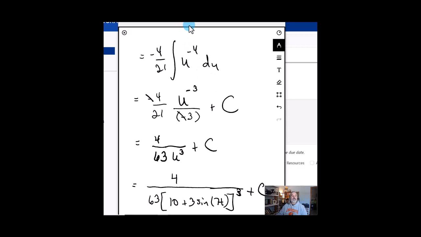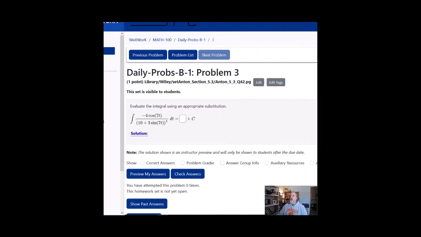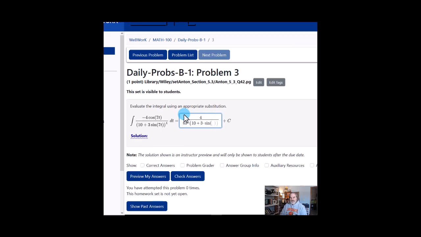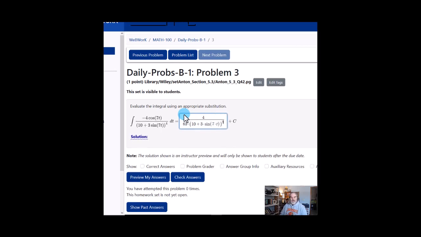Again, the story here was to cast as wide a net as possible while still doing everything correctly for the substitution to turn that entire denominator into u to the 4th. All right, I've moved my written page off to the side so I can see it while I'm typing it in. 4 over 63 times 10 plus 3 times sine 7 times t cubed plus c.